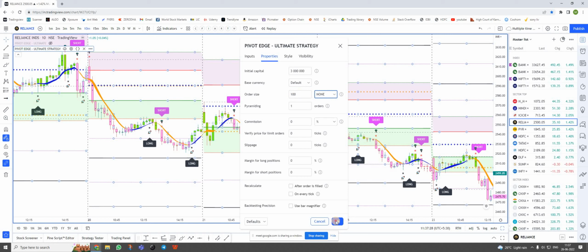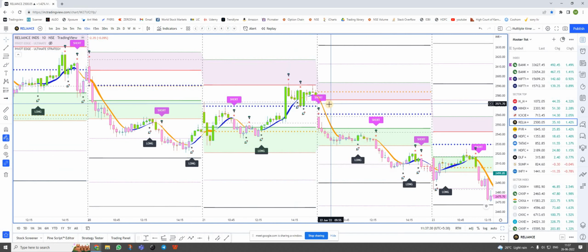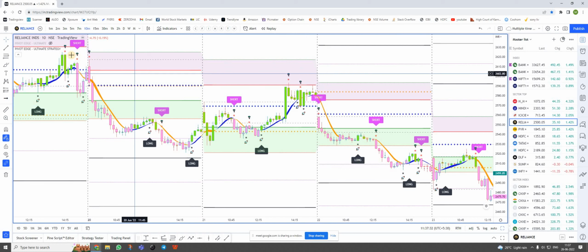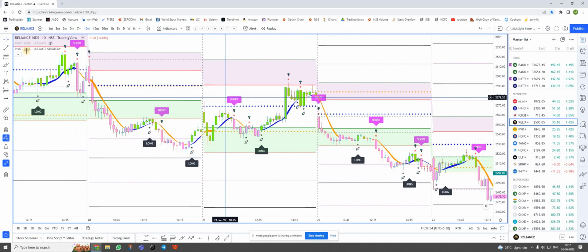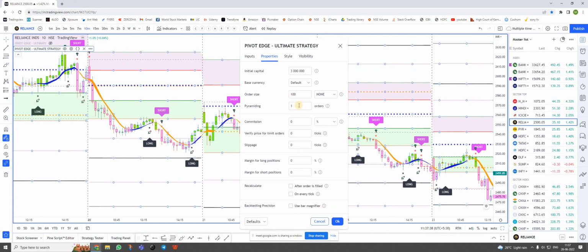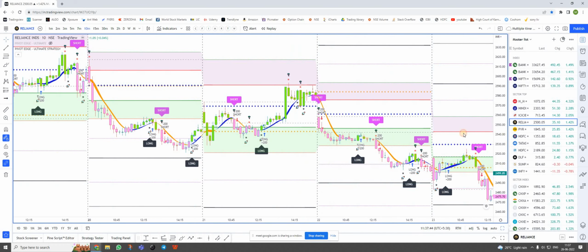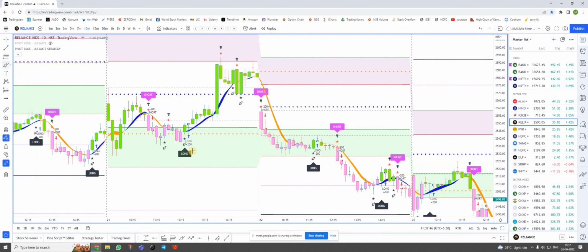If you type 100 here, it will show you long position like 200 quantity it will take, and short quantity 200, like this.